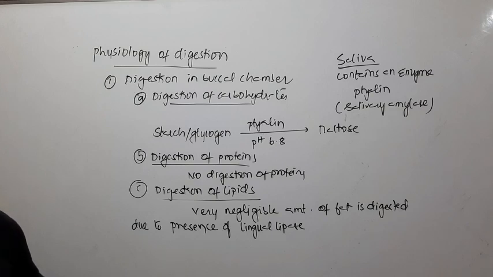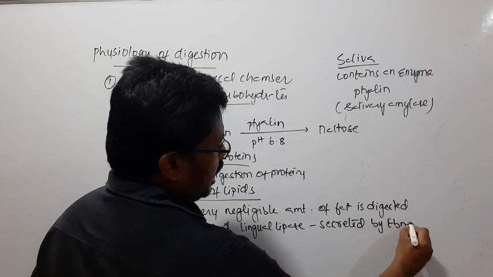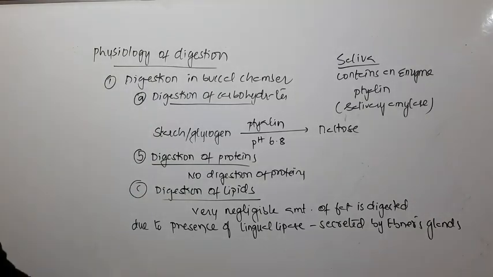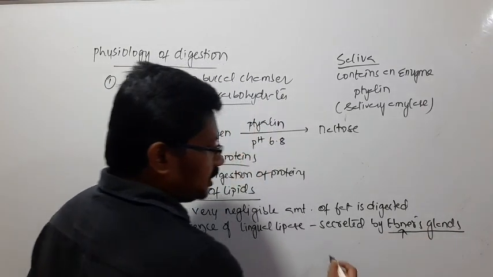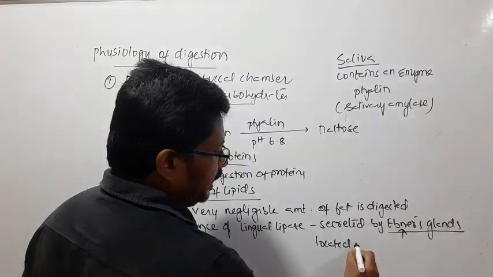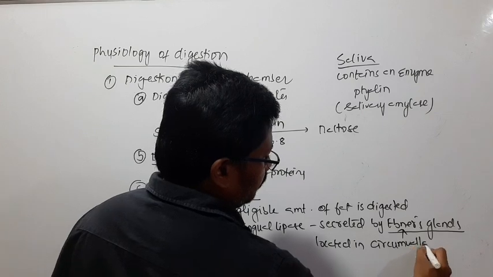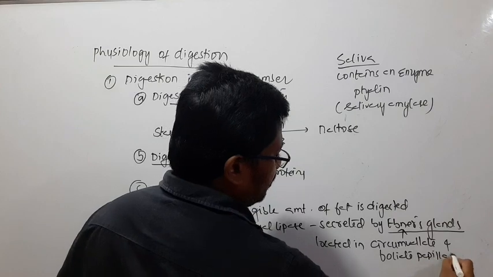This lingual lipase is secreted by Ebner's glands, and these Ebner's glands are located in the circumvallate and foliate papillae.